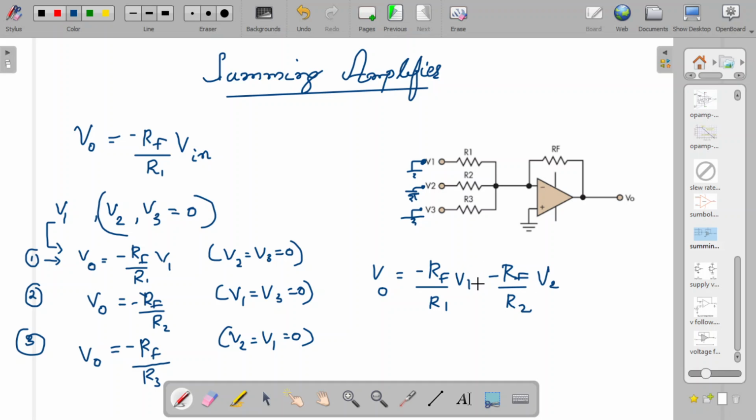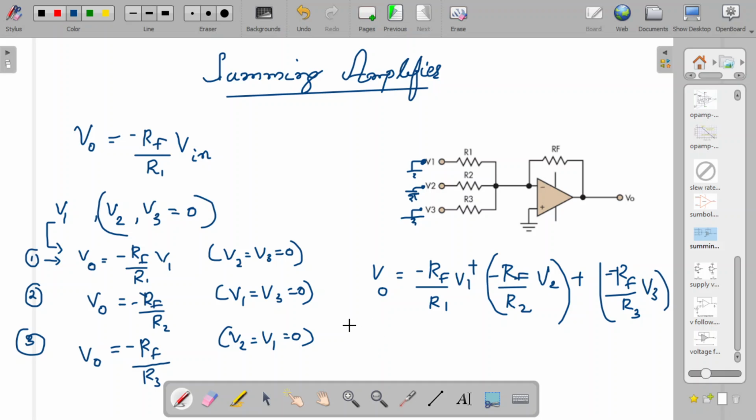You add them together, but the negative symbol is there, which is why I put a negative here. Then plus the third part, minus RF by R3 into V3. So this is the output voltage.